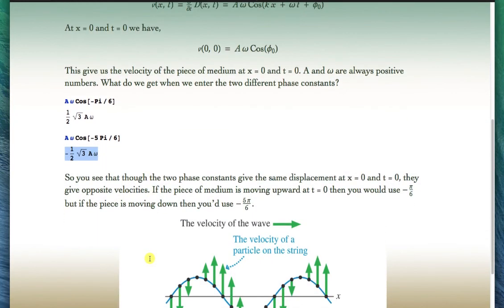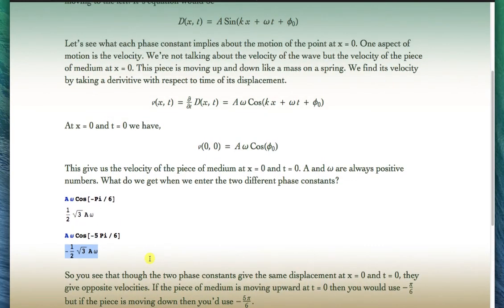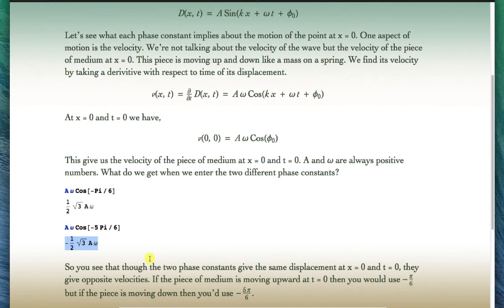So to choose which phase constant is correct, you not only have to know where the piece of medium is at the origin. Is it above equilibrium? Is it below equilibrium? You know exactly what the displacement of that point is at x equals 0 and at time equals 0. But you also have to know what it is doing. Is it moving upward? Is it moving downward?